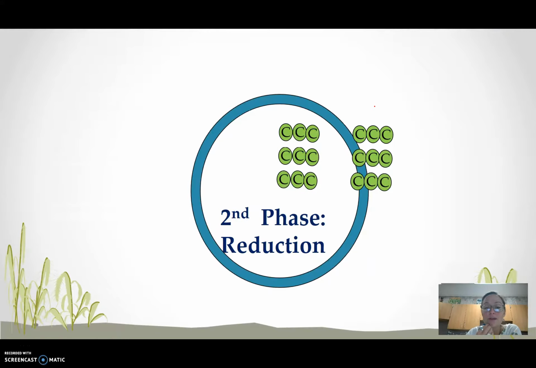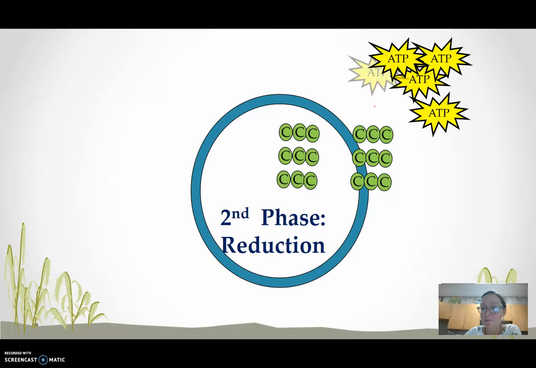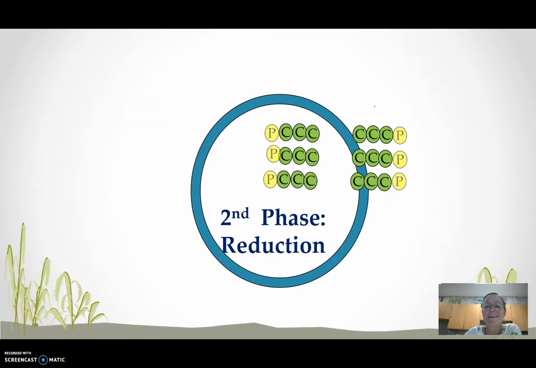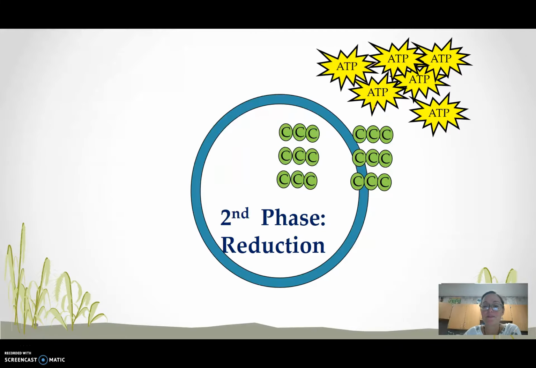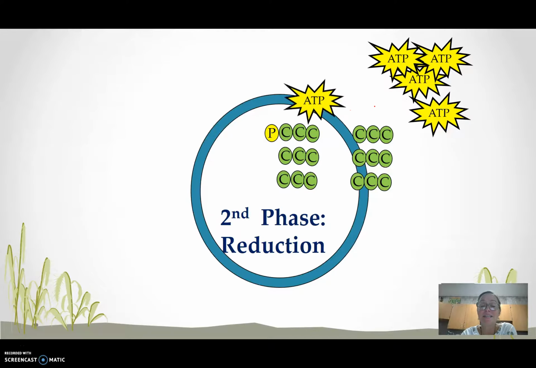Okay, so in the second phase called reduction, here's what's going to happen. We're going to invest some ATP that the plant made during the light reaction. All right, there we go. So we're going to take a phosphate off of an ATP, forming ADP.